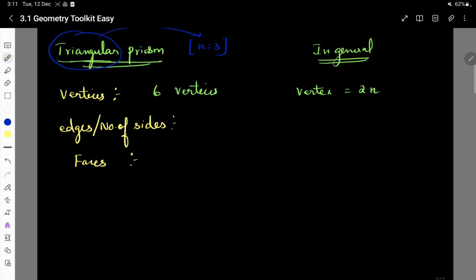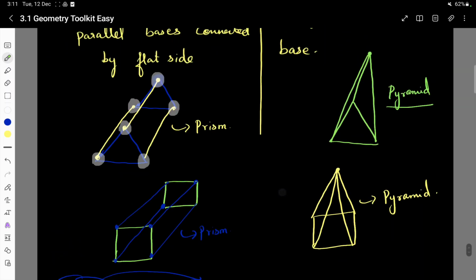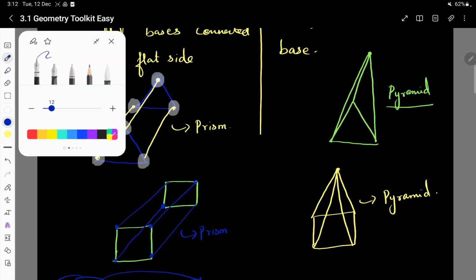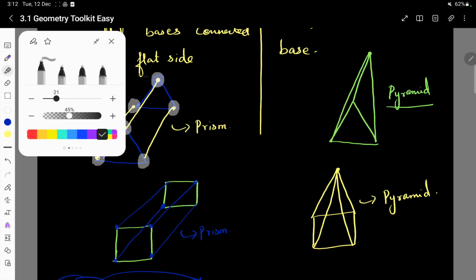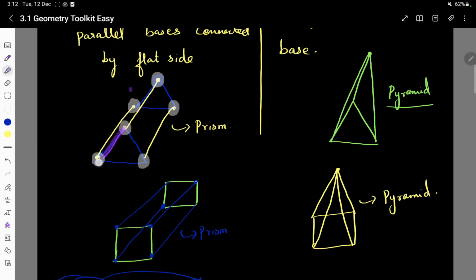So here the number of edges, if they ask, edges means the straight lines whatever we have. So now if we start counting the straight lines, 1, 2, 3, the same 3 will be here, 3 plus 3.